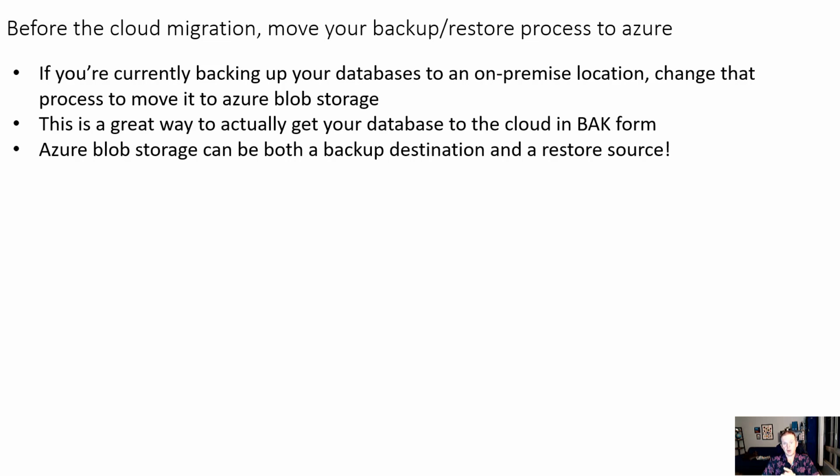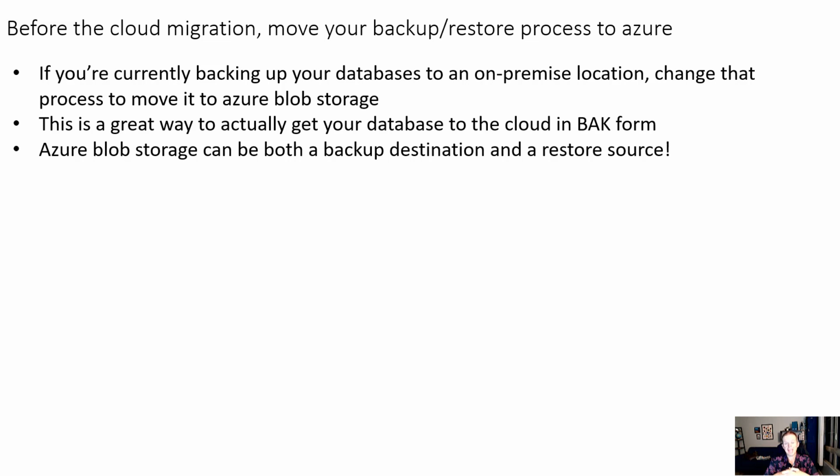Another thing that you can do right now is move your backup and restore process to Azure. Meaning right now you're backing up BAKs and TRN files, and those might be going local, but instead you can back up and restore those files, the BAKs and TRNs, into Azure Blob Storage.